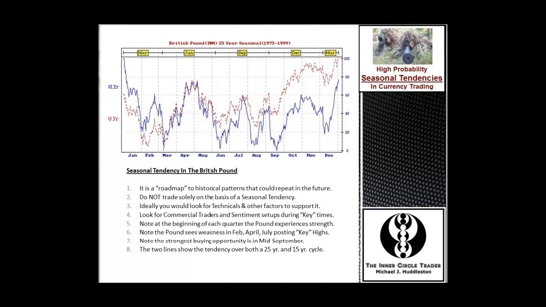This does not mean that because it's done this over the last 25 years or the last 15 years on average, it will do it again. It just means that it's a high probability of it likely happening again. It doesn't pin down to the actual day. It just gives you a season or time window in the month when price should shift on the whole, and you'll make a major high or a major low.